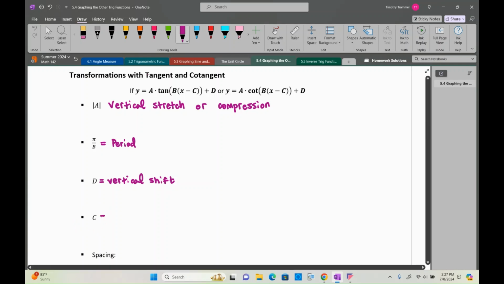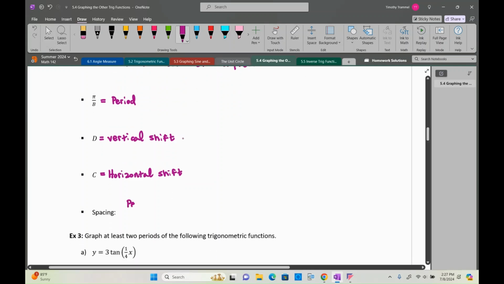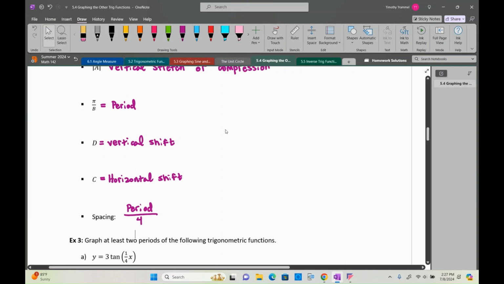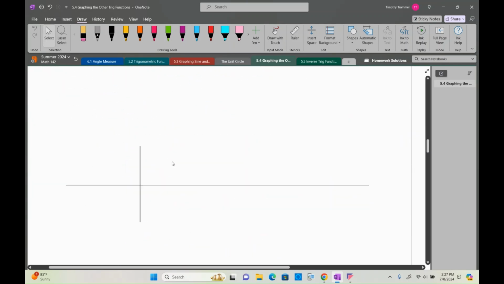So this is just going to be your horizontal shift. And lastly, spacing. And spacing is also found the same way. It's the period over 4.